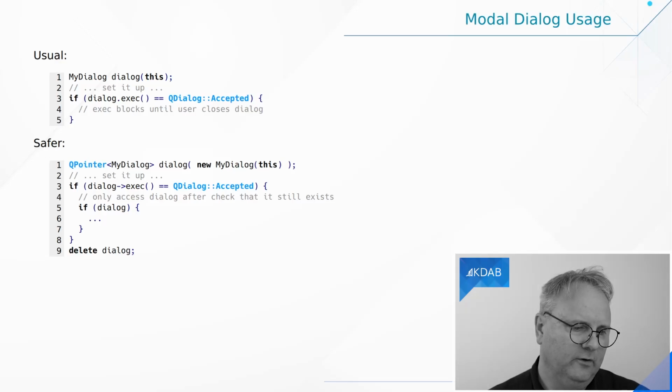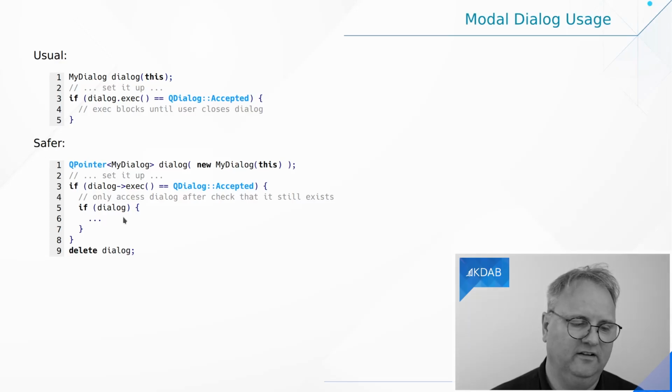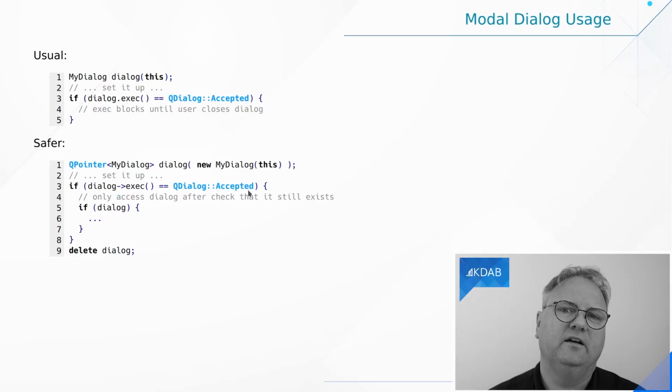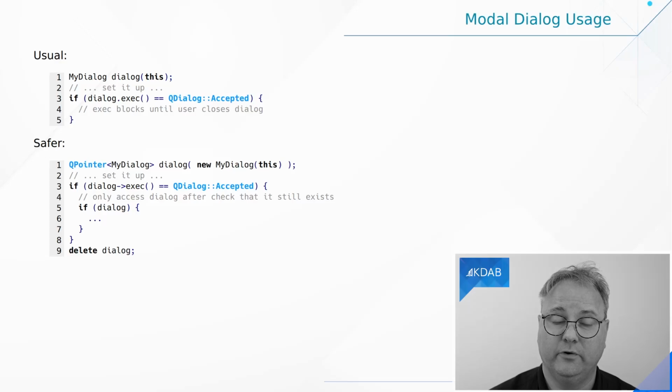And that way we can go down here and test, is the dialog still available? So you bring up the dialog, you wait for the dialog to be accepted, but the dialog might actually be accepted by a debug message or a timer or something else that is acting in that recursive event loop that the exec brought up.